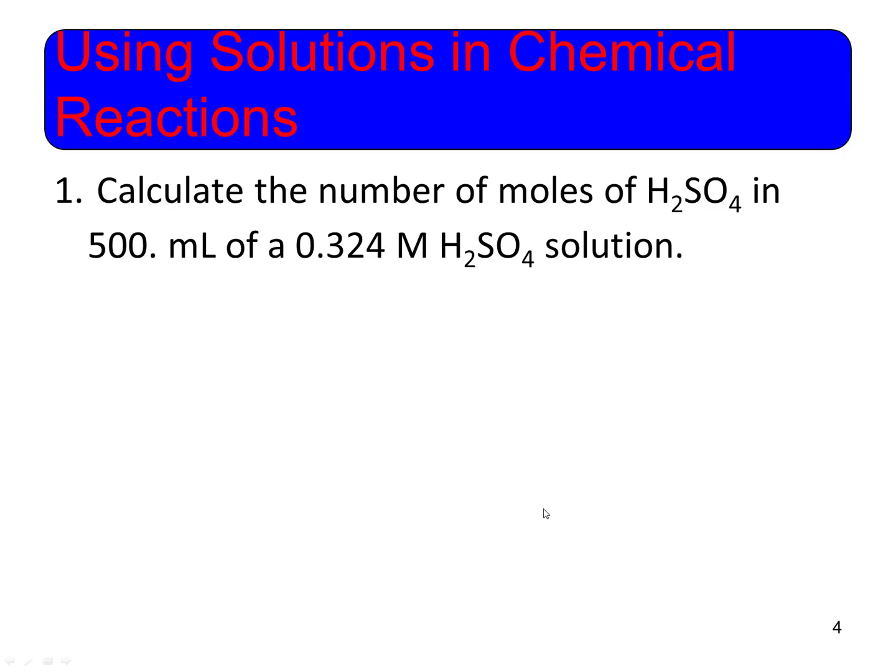So we're not given a reaction here, so it's just kind of a one-step. We're finding moles of sulfuric acid.